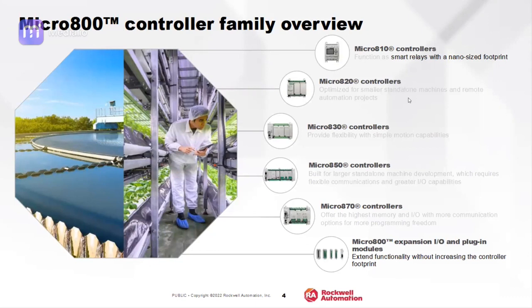Then third one will be a Micro 830. Fourth one will be a Micro 850. With Micro 850 we can go with the larger IOs. If it is more larger than 850, we can go with Micro 870 controller. So what are the supported IO modules and plugin modules, we are going to see.